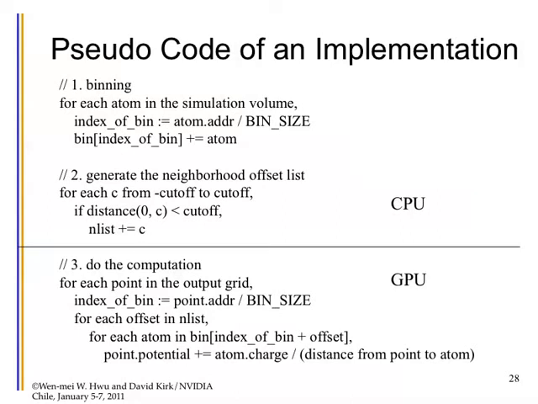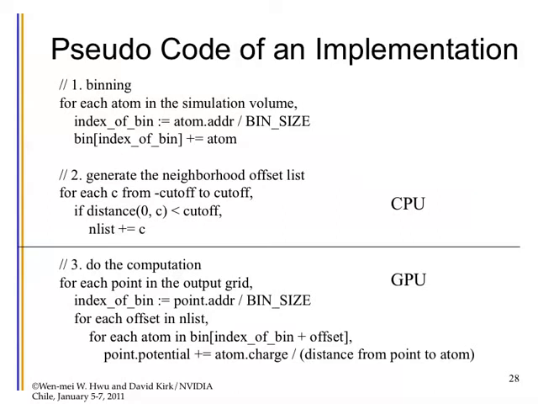You would take a big cube volume and test whether each bin in that volume should be included or not included in the offset list.